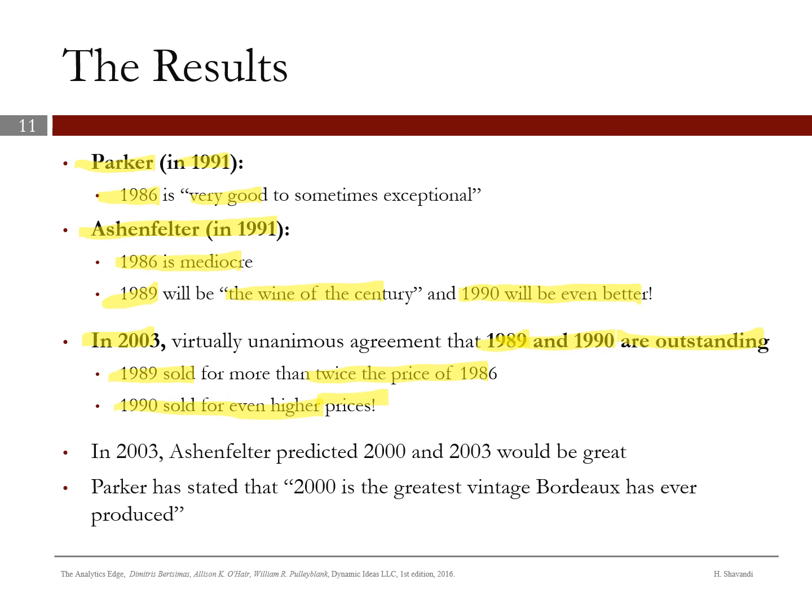So you see here how the regression model performed compared to Parker's prediction. And in 2003, Ashenfelter predicted that the wine produced in 2000 would be great. And Parker stated that the wine produced in 2000 is the greatest vintage ever produced.